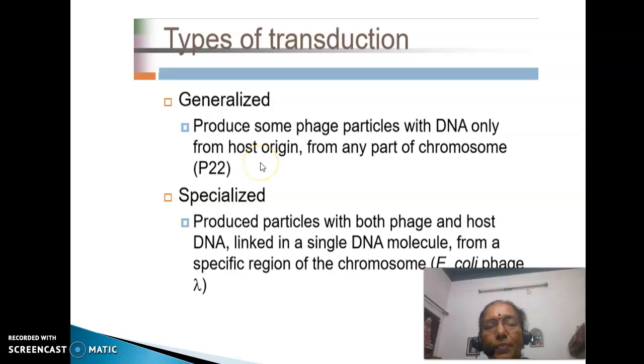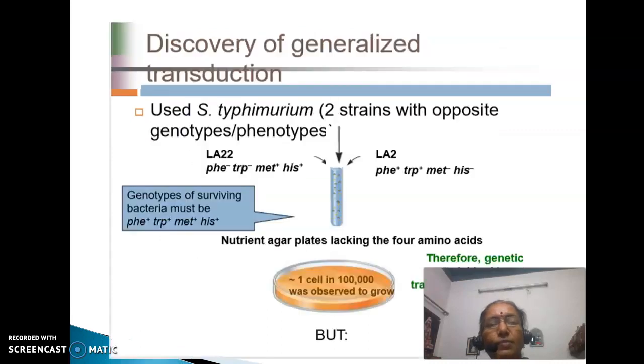In contrast, in the specialized transduction mode, a specific region of the bacteria is identified, picked up, and delivered to another bacterial cell. Now we will understand one by one. First we will look at how generalized transduction was discovered.